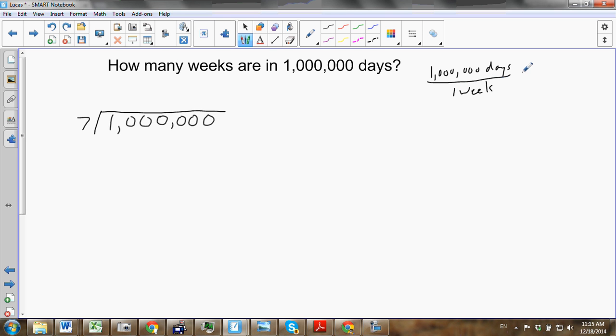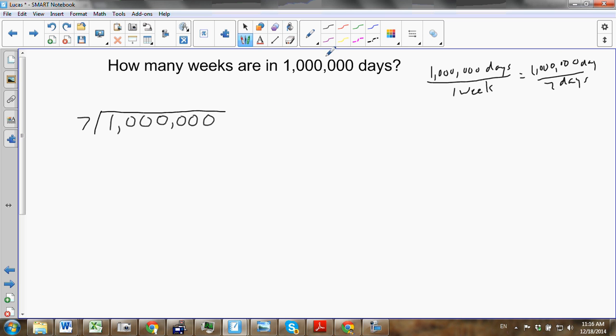Well, that's the same thing as taking 1,000,000 days and dividing it by 7 days. So 1,000,000 divided by 7, that's kind of a short explanation for why that works.